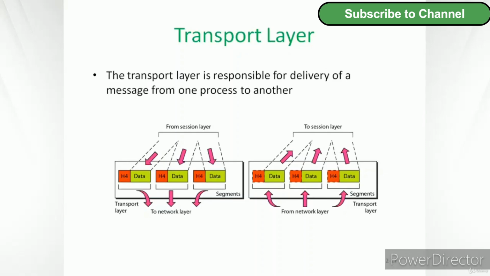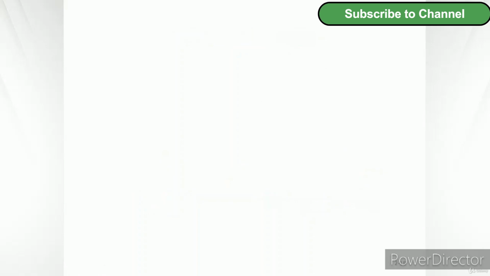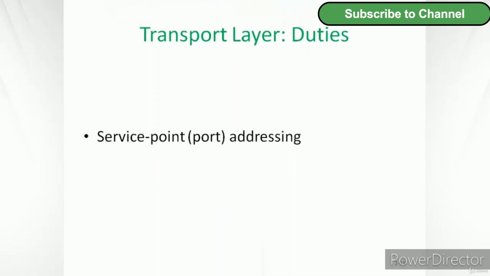As so many processes are running on the computer, to reach that process there is a need for some address, and that is called the port address. We can say it is process to process delivery, and this transport layer is responsible for that delivery.